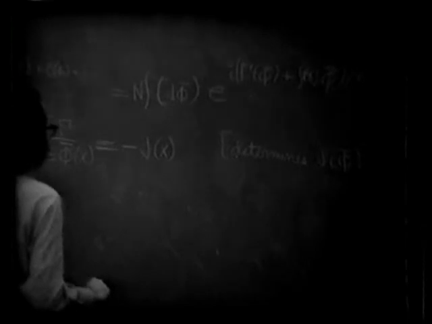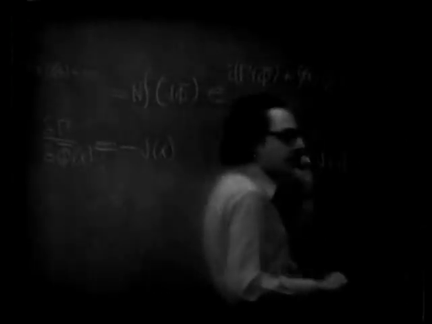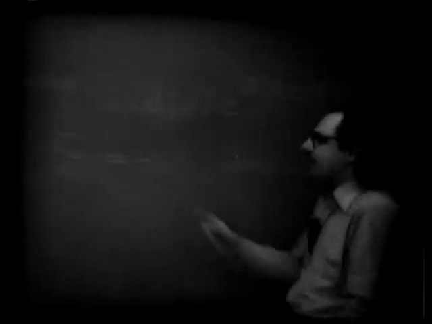Then the remaining part of the stationary phase procedure is, once one has found the points of stationary phase, one plugs them into the integral. And the leading term in the evaluation of the integral is the value at the point of stationary phase. Thus, W of j equals gamma of phi bar plus integral d4x j phi bar.